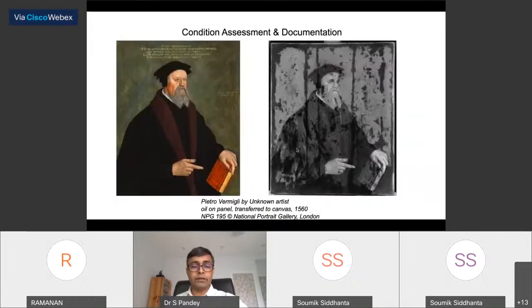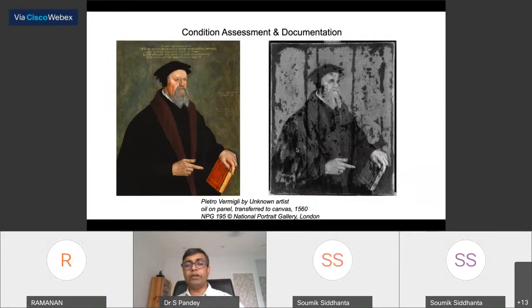This is a very famous painting of Pietro Vermigli. Pietro Vermigli was a professor of divinity at Oxford University. This was his painting, again in the collection of the National Portrait Gallery, and it was studied using UV illumination.